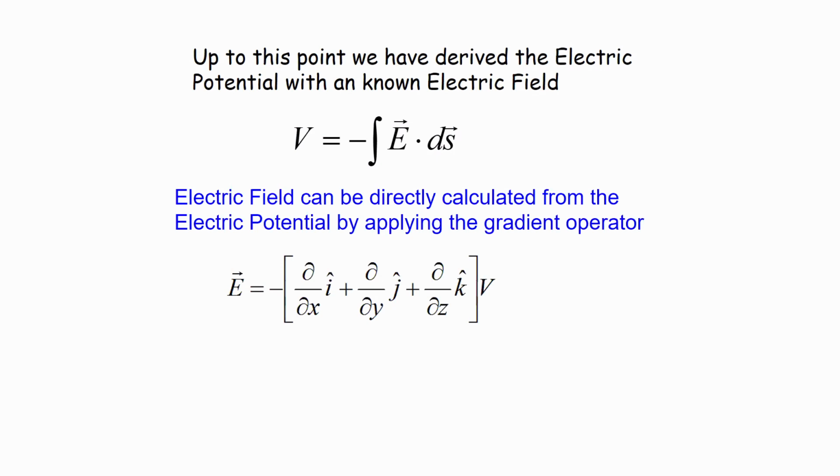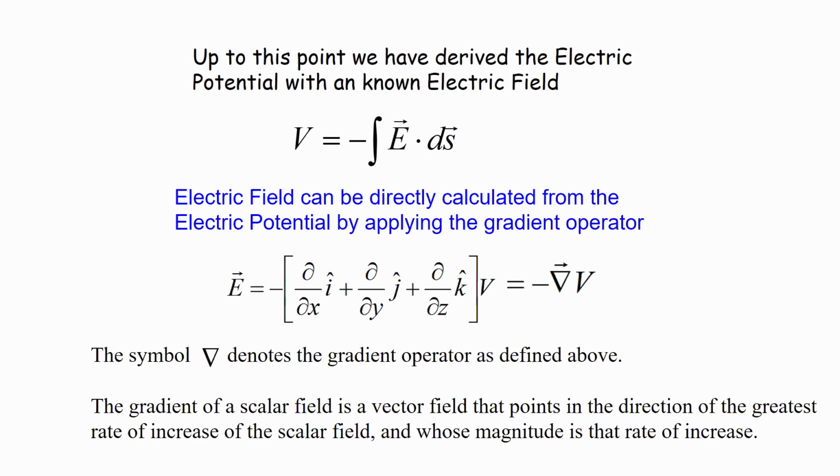This is a partial derivative with respect to x in the i direction, the x direction, partial with respect to y in the y direction, and for the z direction, it's the partial with respect to z. This is denoted by this upside down delta.